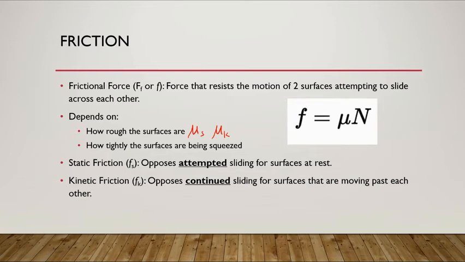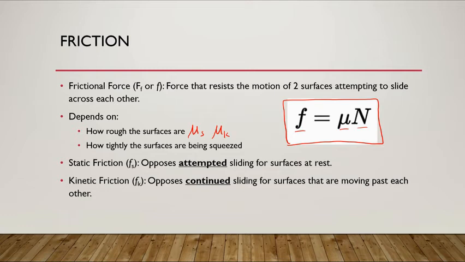So, our frictional force, this is my favorite equation. This is our physics is fun equation. May you never forget it for the rest of your life. We have our frictional force is equal to the coefficient of friction times the normal force. Physics is fun. Okay. Frictional force is equal to the coefficient of friction times the normal force.